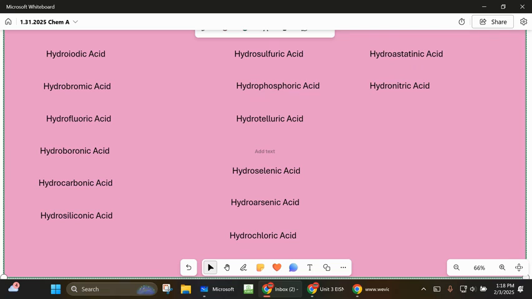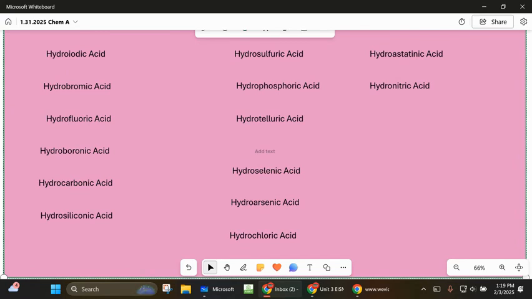What was the only way to have a ternary ionic compound? Where do we have a list of them? We do on the back of your sheet. It has to involve a polyatomic ion.